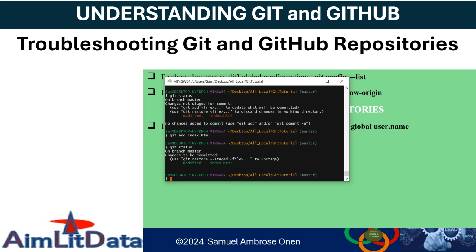So now we are committing. Committing is like, I'm happy with what has been done. Now I am going to keep the version of this file at this particular time. So let us commit. M stands for message.